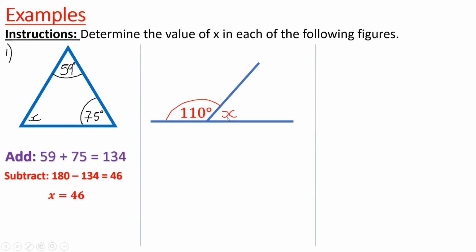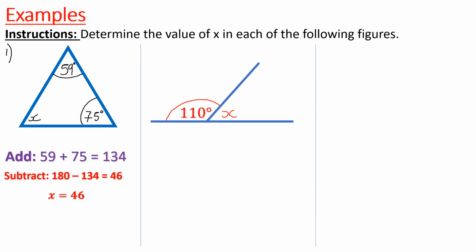Can I do it, Mr. Petit? Go ahead, Natalia. So x plus 110 equals 180. You circle your 110 and you take it over to the 180, and that plus sign becomes a subtract sign.